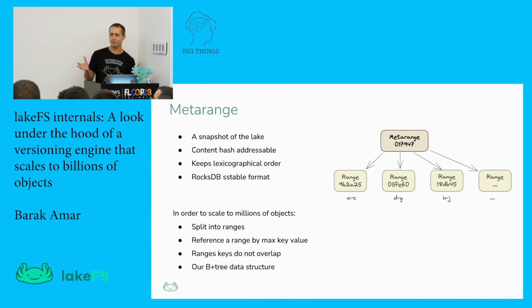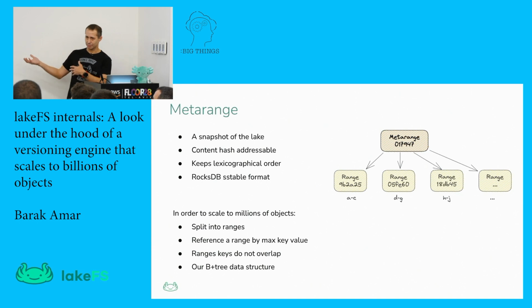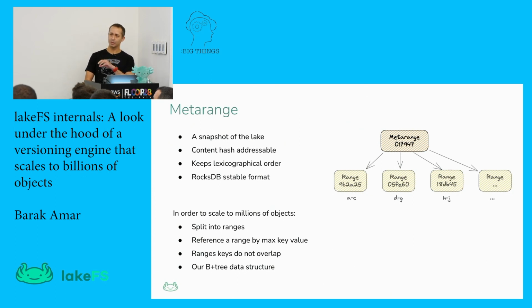The meta range itself represents the complete metadata information in your lake because we can't hold a single object that includes millions of metadata records, we split it into ranges. So we are getting a B plus tree-like data structure. Each object, the meta range and the ranges, are kept in an SSTable RocksDB format, hence the name Graveler, if you like Pokemons.